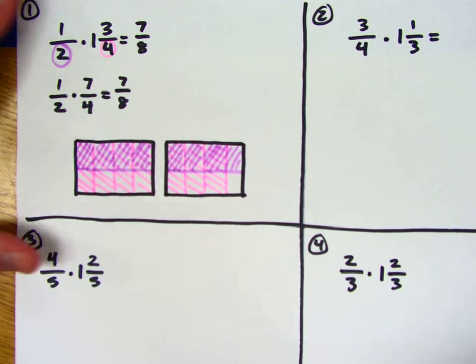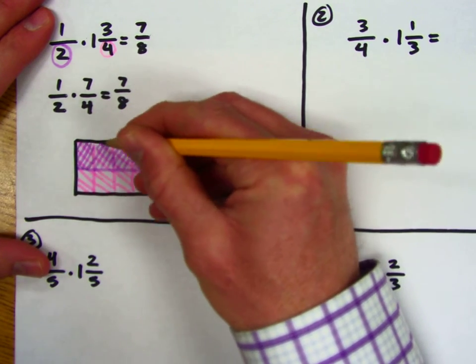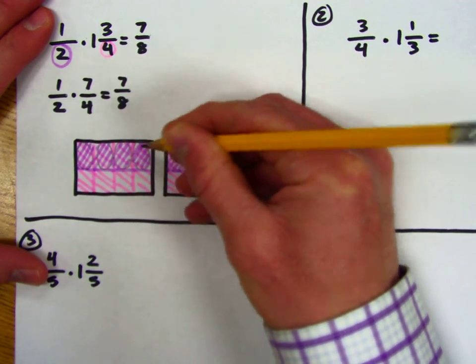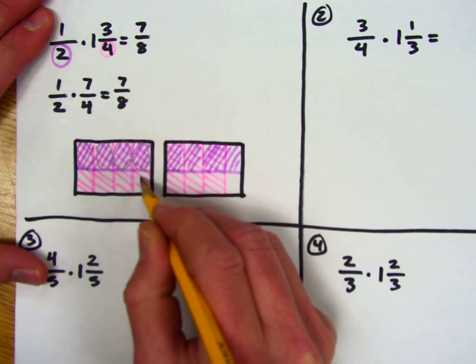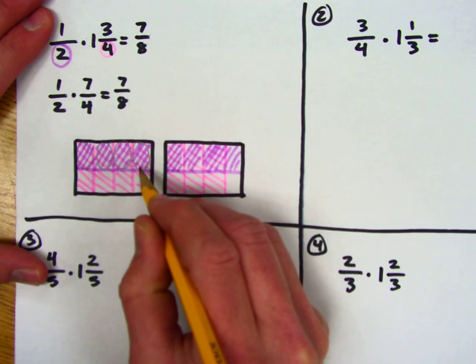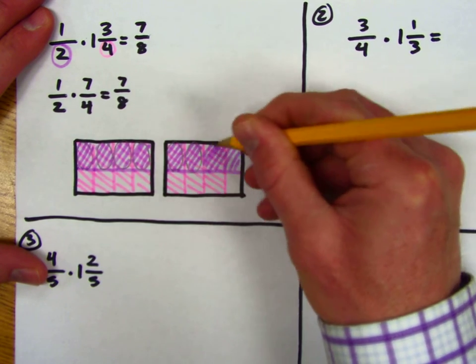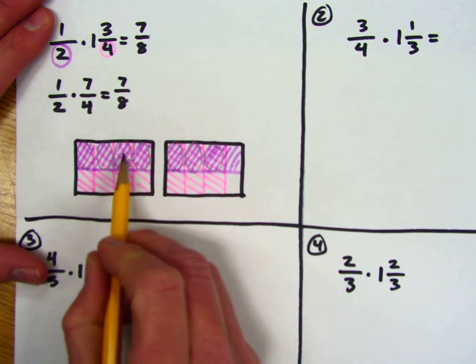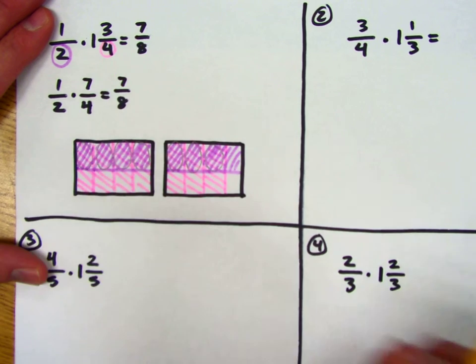Now I knew my answer was 7/8, and that makes sense because I have 1, 2, 3, 4, and then 5, 6, 7, 8. Inside of 1 whole I would have 8 pieces, and it just happens that 3 more of my pieces are over here. So I have 1, 2, 3, 4, 5, 6, 7 of the 8s.